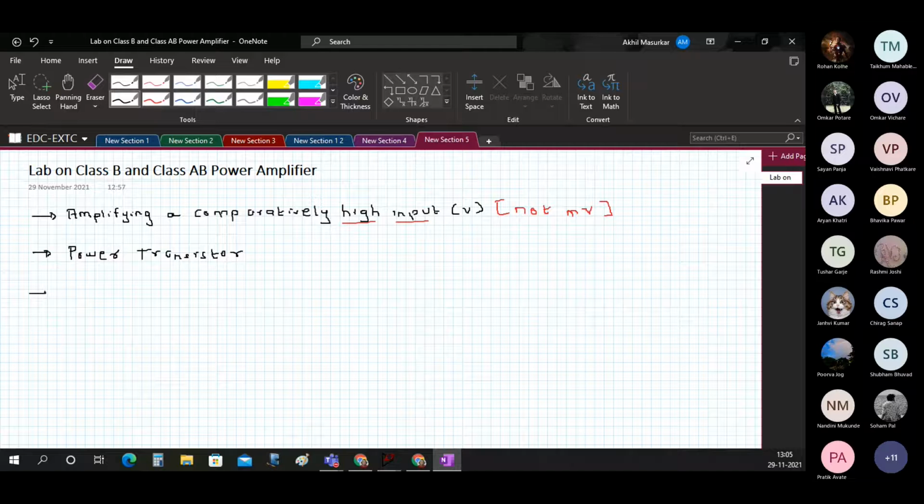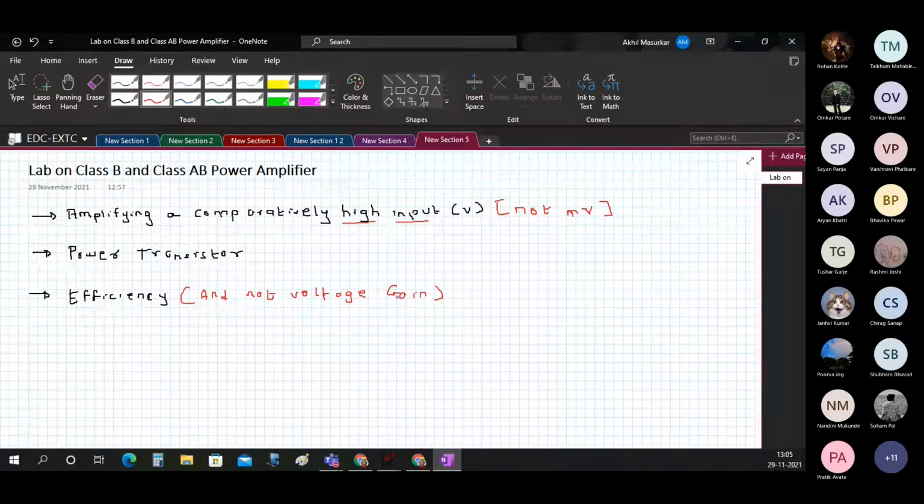Then the third point is that in this amplifier, what is important is the term efficiency. So instead of gain, what is important is efficiency, and not voltage gain. If you start looking out for voltage gain, the voltage gain would be less only.